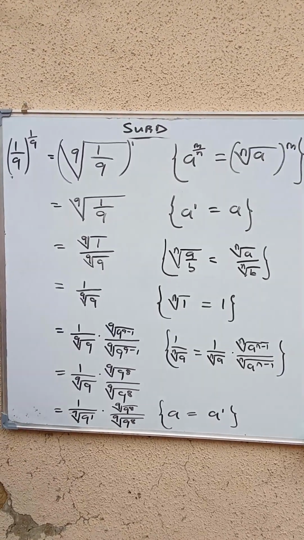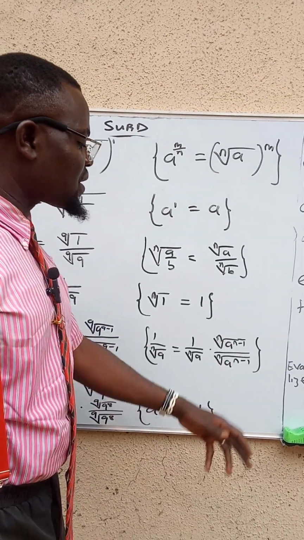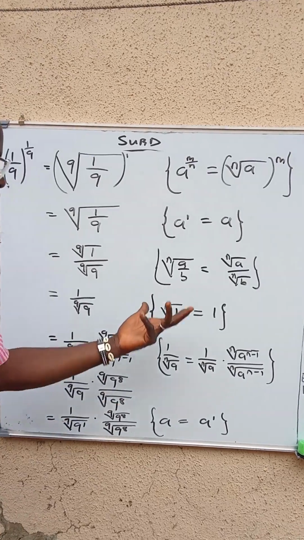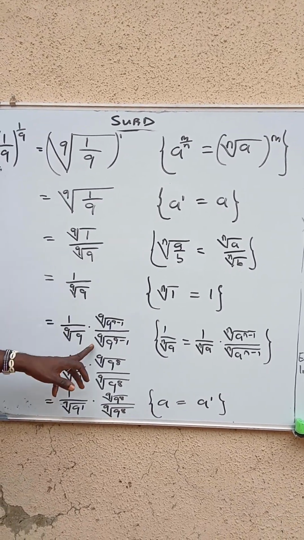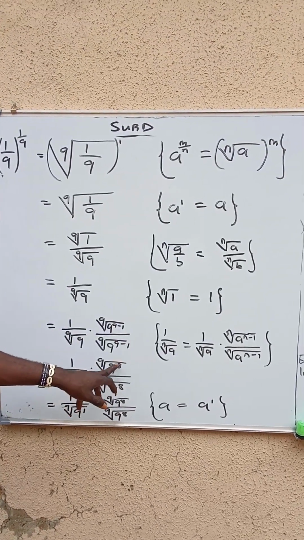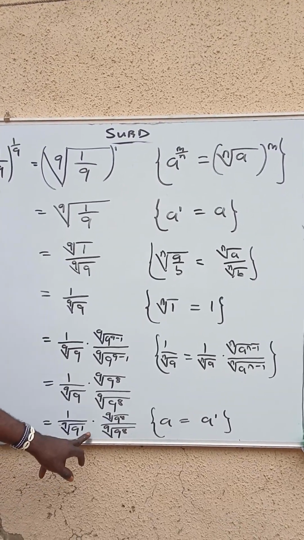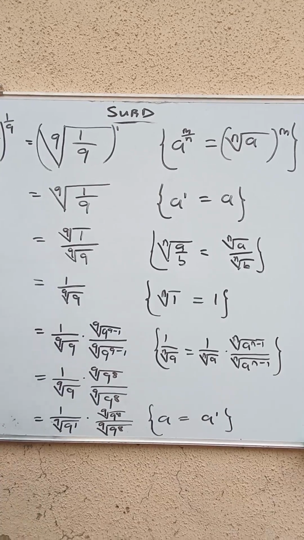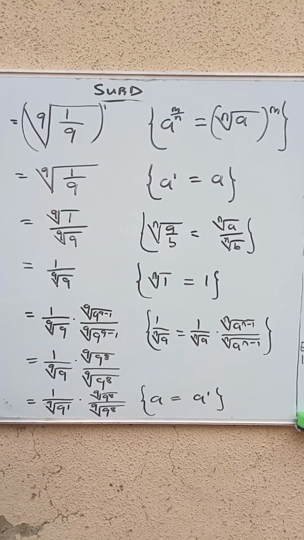And whenever I have something like this, what I'll have is the 1 over the nth root of A, dot, nth root, raised to the power of 1, right?